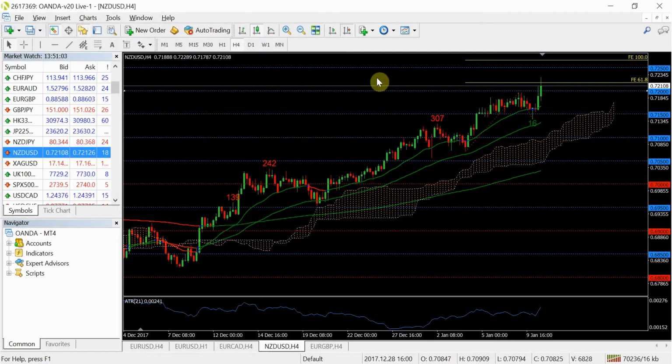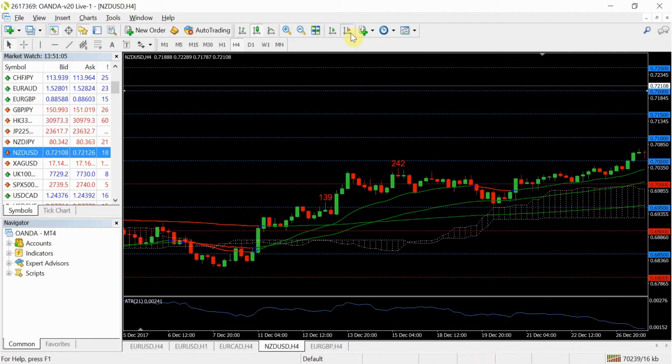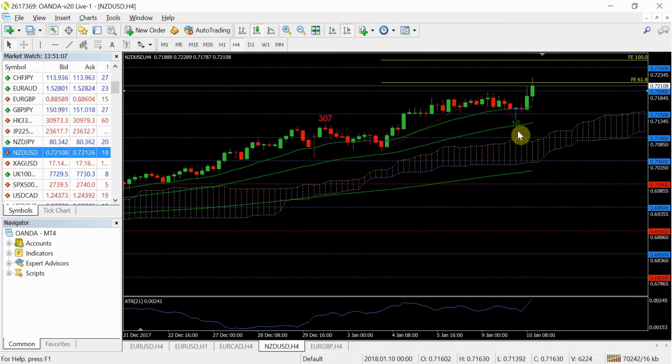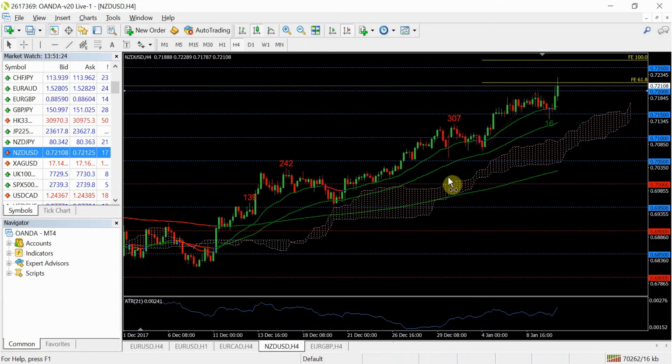If I zoom in slightly, when the pin bar formed, the 20 is blue, so it's non-trending, but the 50 and the 200 are both sloping up, so I'm quite comfortable with that. From my perspective, that would have been a pass.